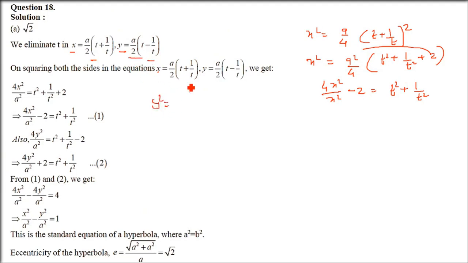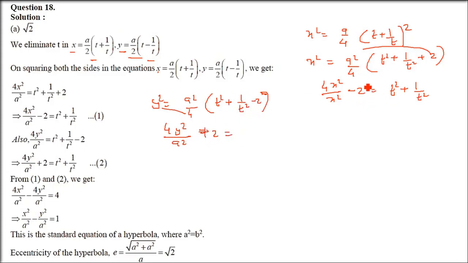Now taking y and squaring it. So you have y square equals a square by 4 times t square plus 1 by t square minus 2 into t into 1 by t. So you have minus 2 only. So 4 I am taking here, 4y square by a square is t square plus 1 by t square minus 2. This 2 also I am taking on the left hand side, so it's plus 2.